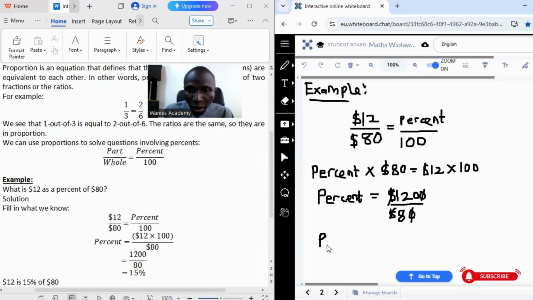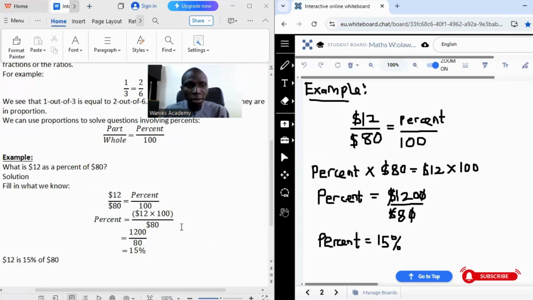So we're going to have the answer here to be 15%. So we can say that $12 is 15% of $80.